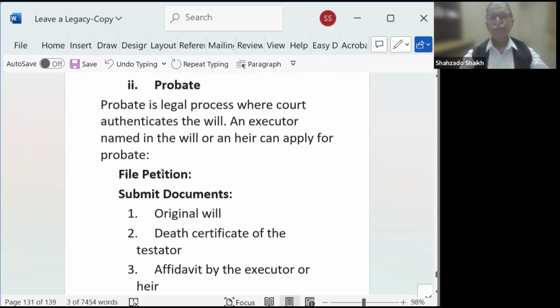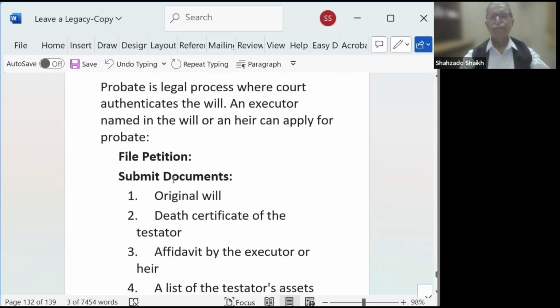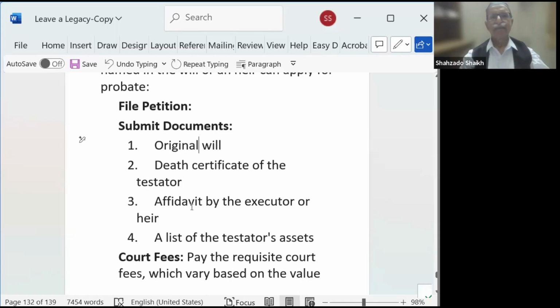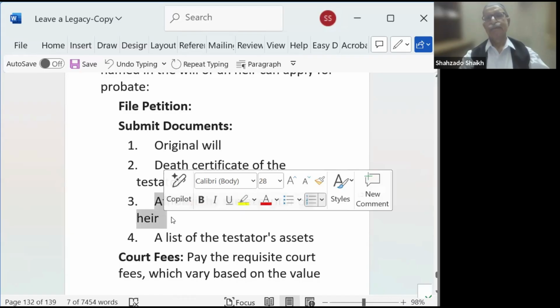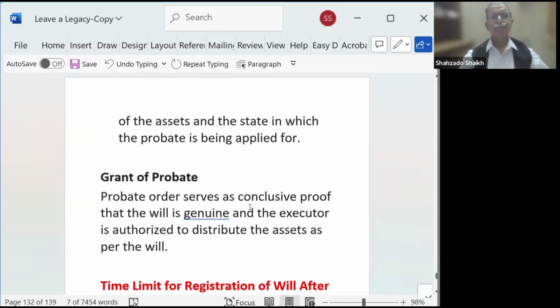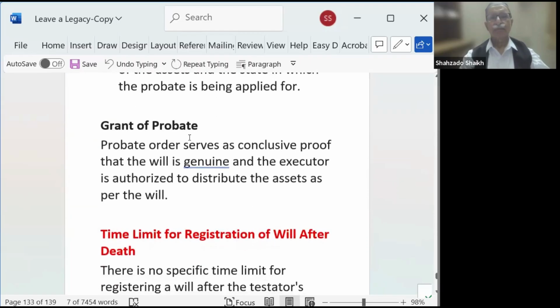File a petition, and in the petition, the documents will be the original will written by the deceased, the death certificate, and an affidavit of the executor. This is an additional document. Also a list of the testator's assets. Court fees have to be paid, and then the probate must be obtained.